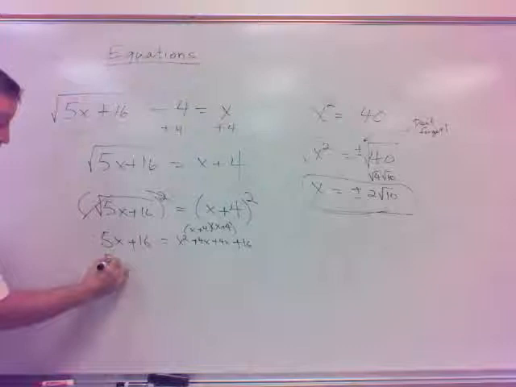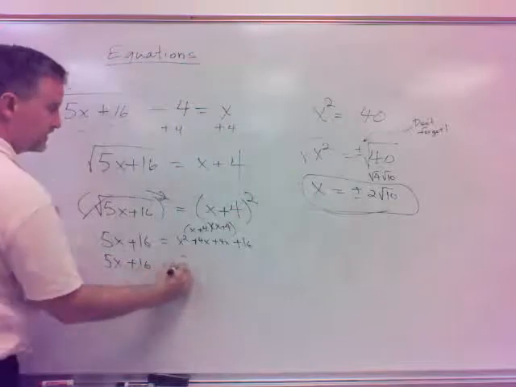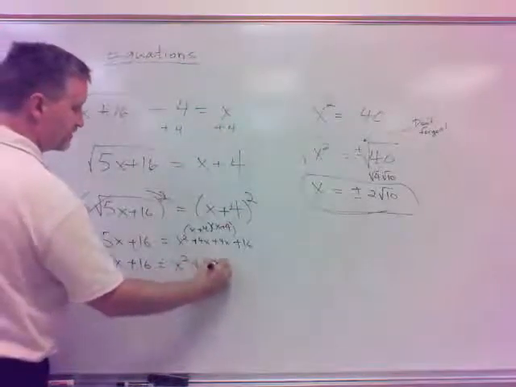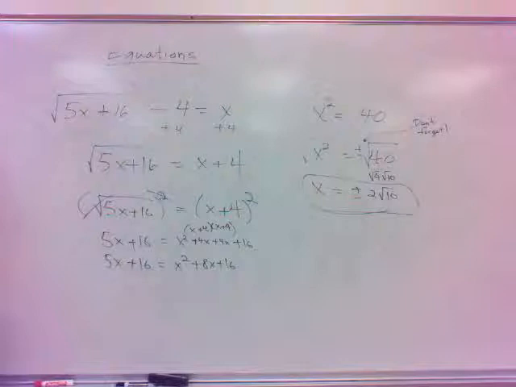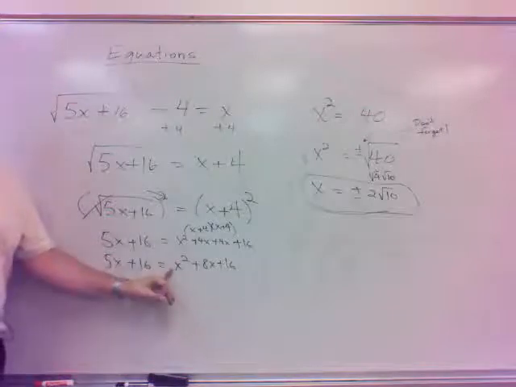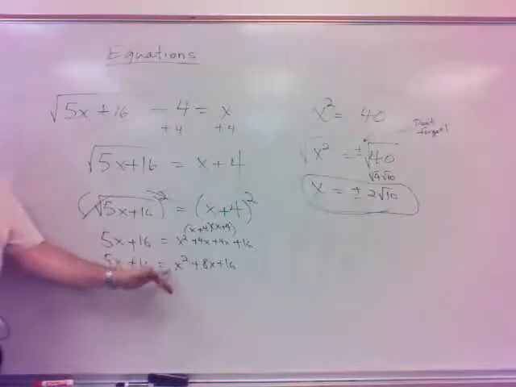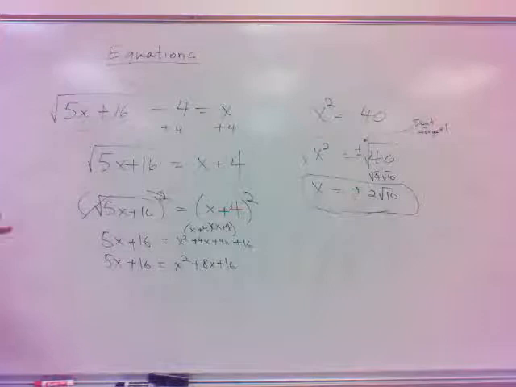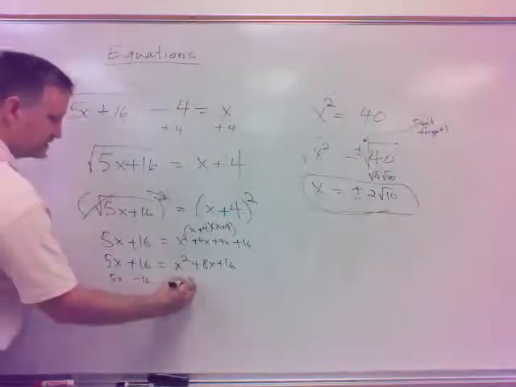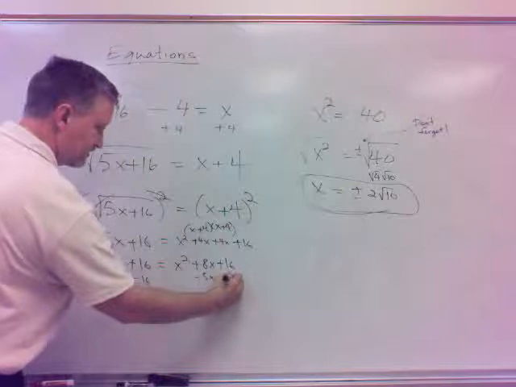So 5x plus 16 equals x squared plus 8x plus 16, which brings up the next little point: how do I solve that? This is now an x squared equation, so I'm going to make one side 0. Subtract 5x and 16 to make the left side 0.